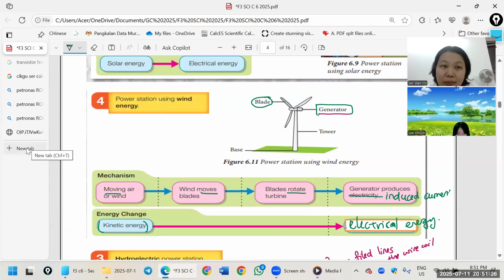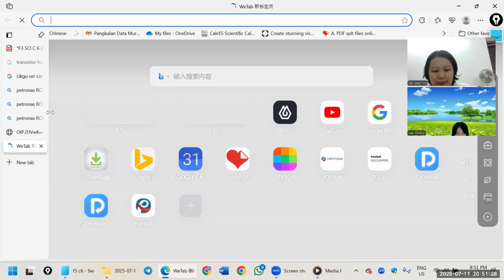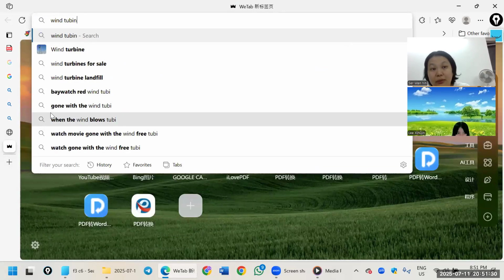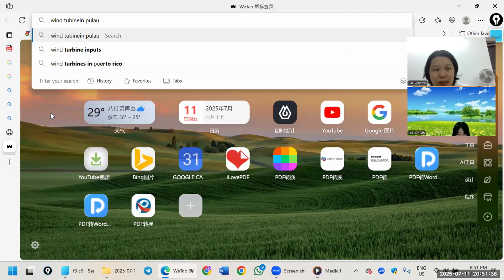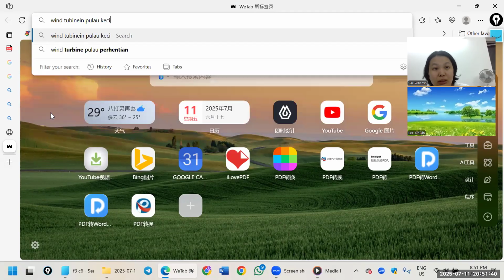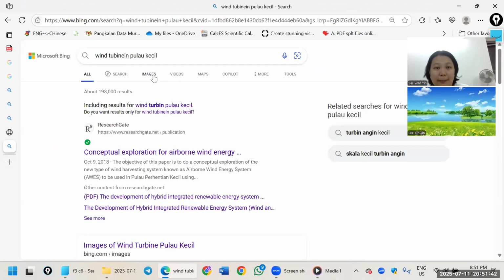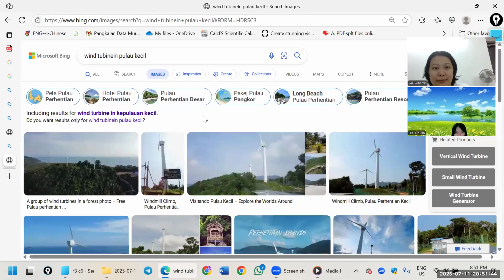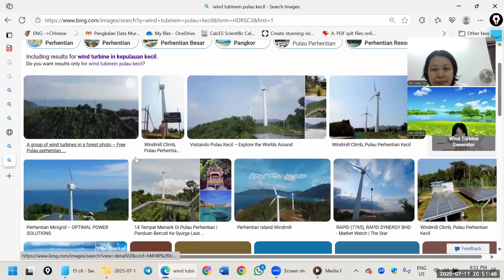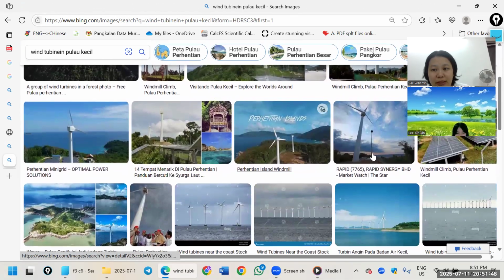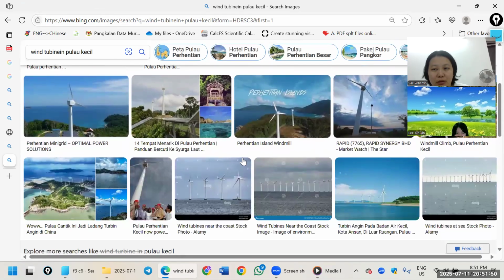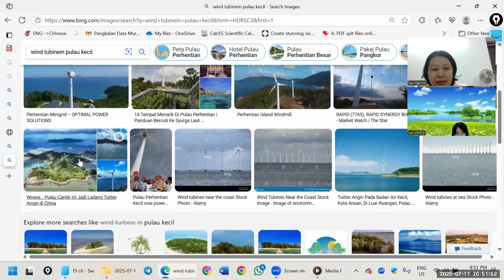Okay, so this one we can see. Normally we say it's a wind turbine. Wind turbine in Pulau, I think Pulau Kecil in Terengganu. Very nice. Actually, they have solar energy together.